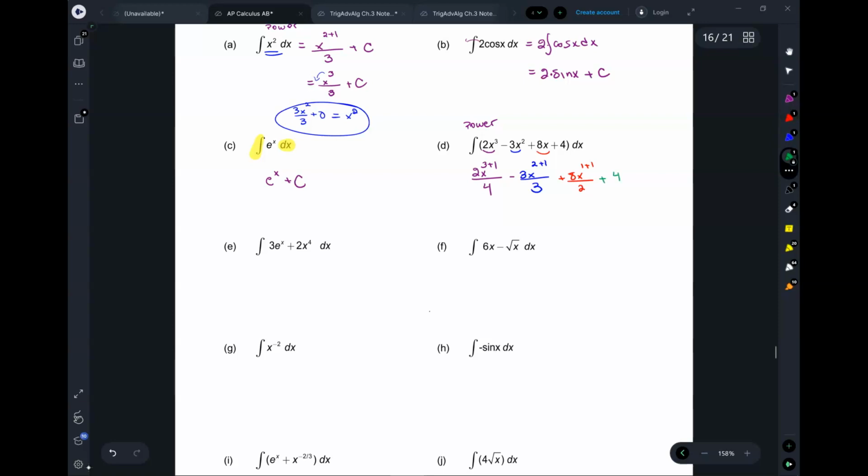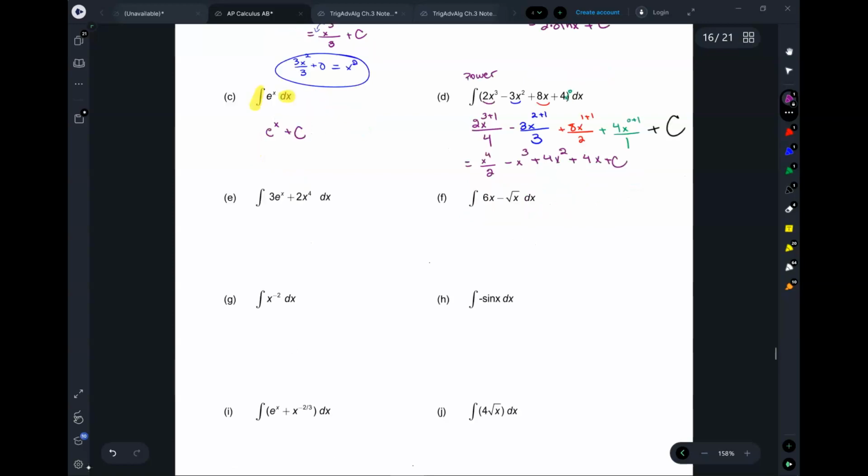Plus 4. Okay. What do we have here? This is actually 4 times x to the 0, right? So you add 1 to the exponent, you divide by the new exponent, and then what do we add in the end? Plus c. So finally, this is going to be x to the 4 over 2 minus x cubed plus 4x squared plus 4x plus c.